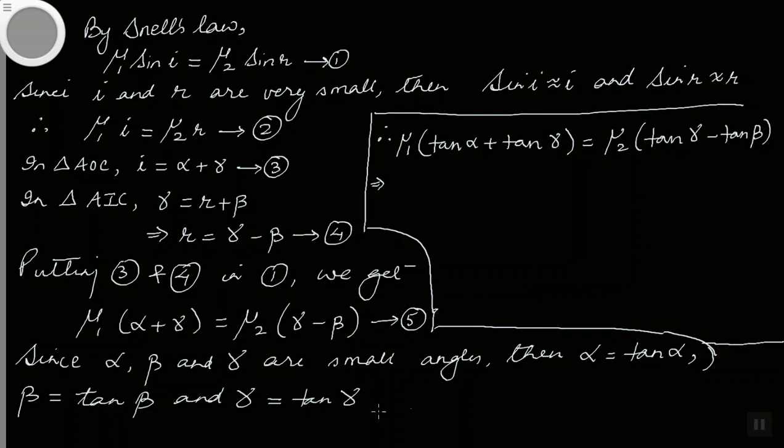So alpha will be tan alpha, beta will be tan beta, and gamma will be tan gamma. In equation 5 we write the tangents. Now look at the diagram and tell me what is the value of tan alpha.